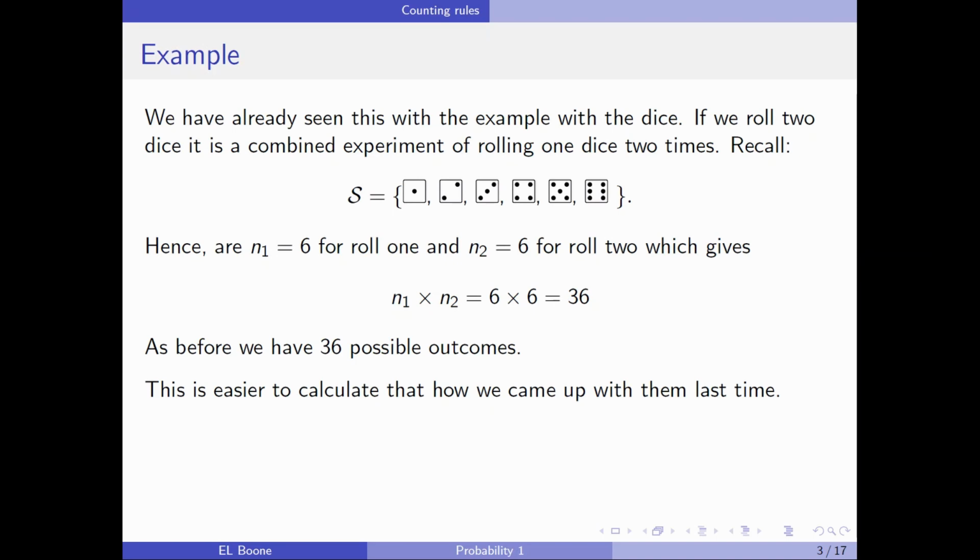So there's N1 choices for my first roll. And for my second roll, it's exactly the same. So instead of listing out all the possible outcomes, I can just say, well, N1 times N2 is 6 times 6, which is 36. And that's what we had before. But last time I listed them all out.